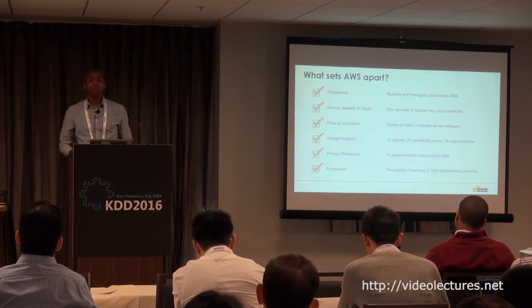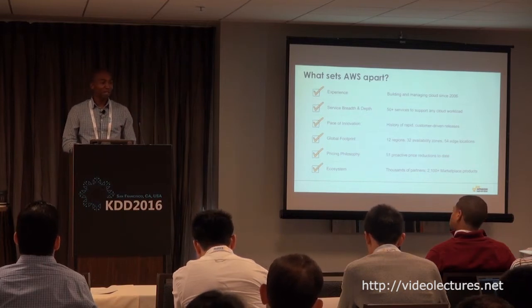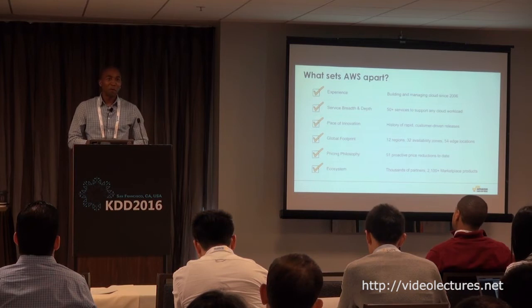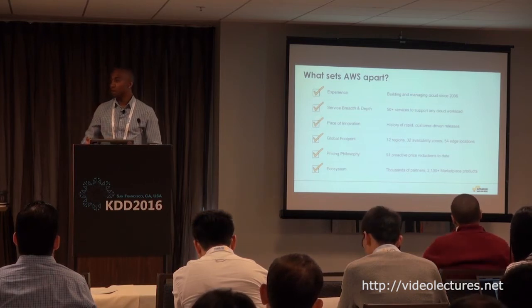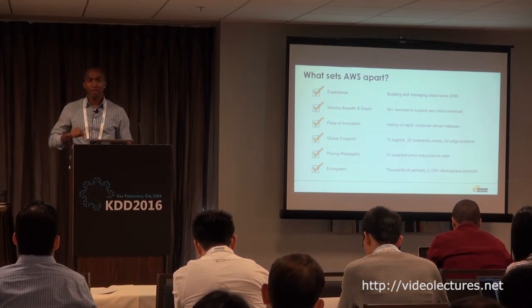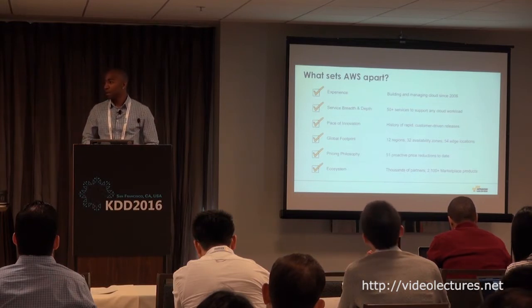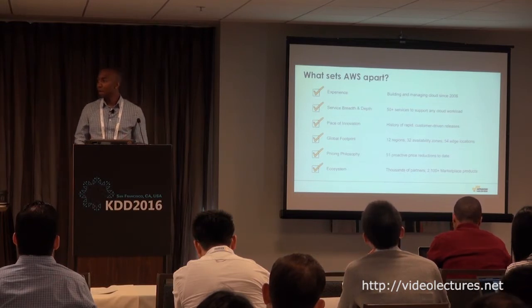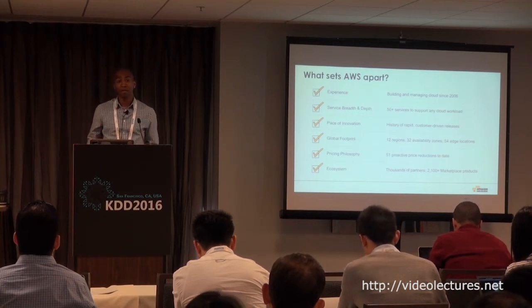Third is the pace of innovation. One of the things that we live by at Amazon is that we start with the customer and work backwards. Over 90% of the innovation within our platform is driven by our customers, right? Because we're constantly getting feedback, we're constantly building new features and functionality within the AWS environment.